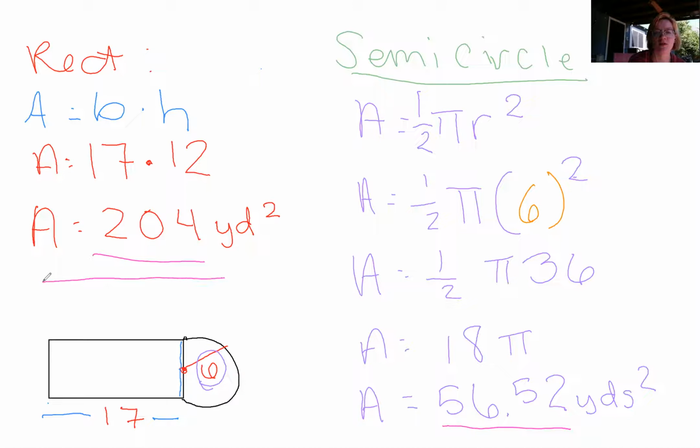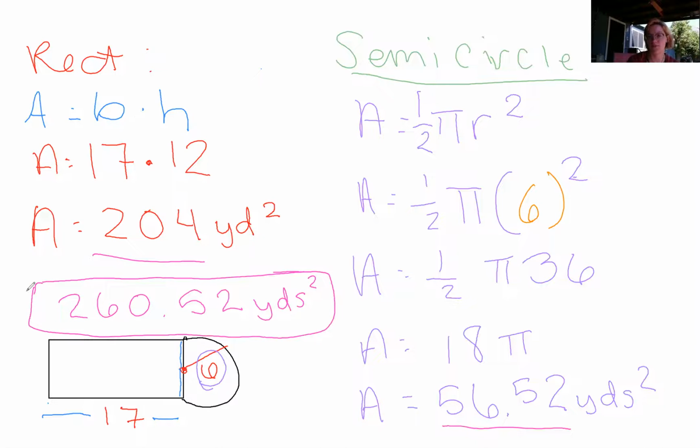I'm just going to draw us a little section here, and we get 260.52. And that is our final area of this compound shape. Okay?